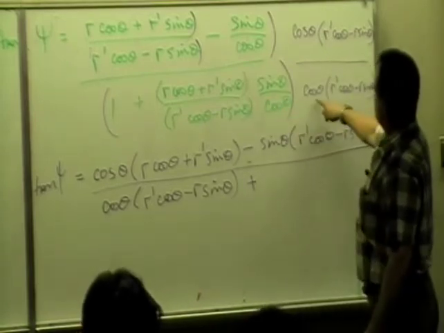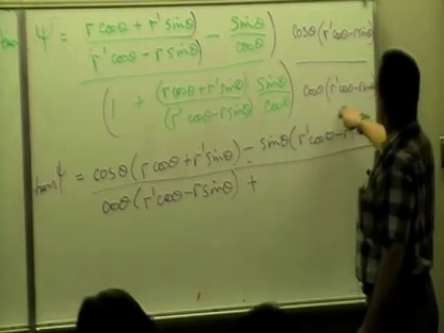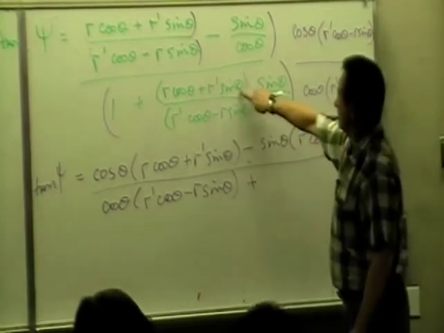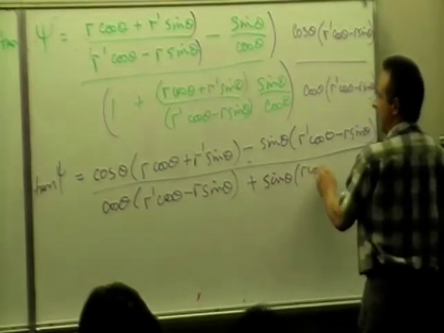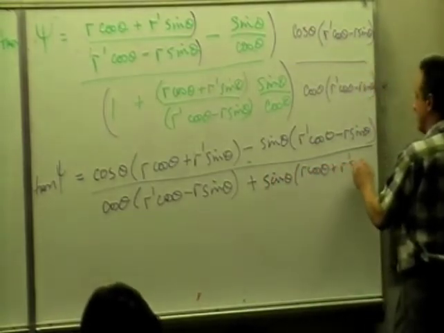What cancels? The cosine cancels, and this quantity cancels. So you're just going to have the sine of theta times r cosine theta plus r prime sine theta.